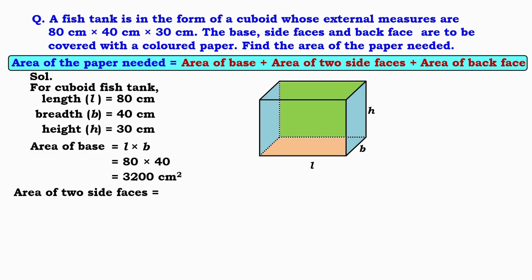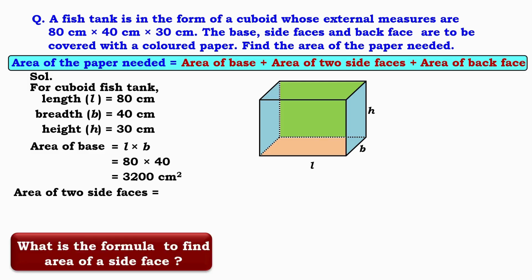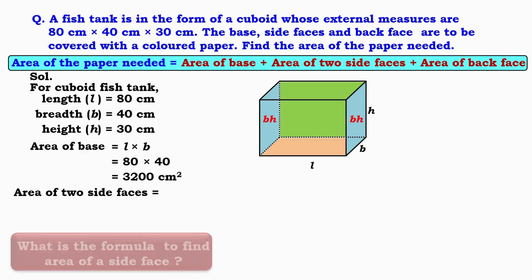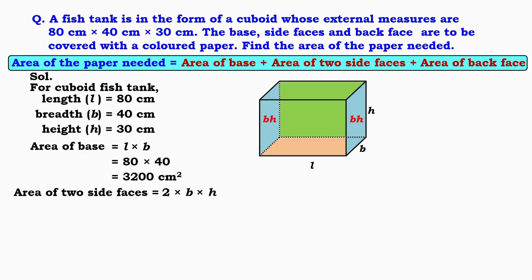Now we need to find the area of two side faces. If you take a look, the side faces have H and B. So the area of two side faces will be 2 into B into H, because there are two rectangles. So 2 into B is 40, H is 30.